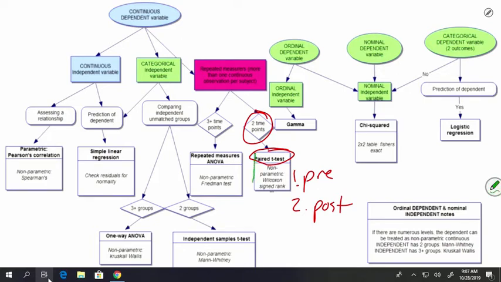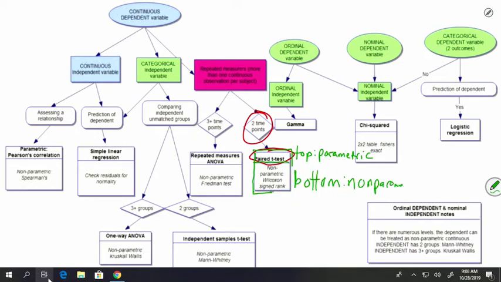Notice how within each of these rectangles, the top is for the parametric. Anyone know what parametric means? And the bottom is non-parametric. Basically what that means is the top one is for when the data is normally distributed, and the bottom one is for when it's not normally distributed.